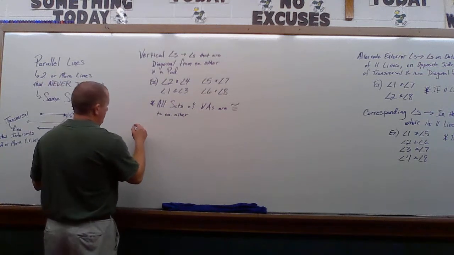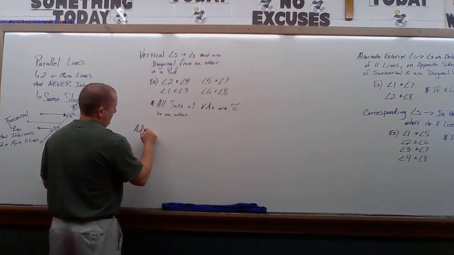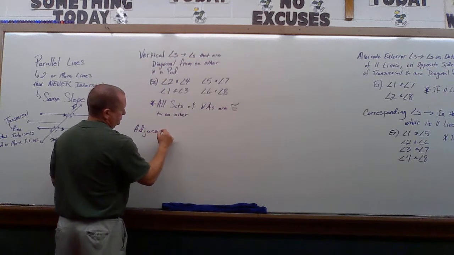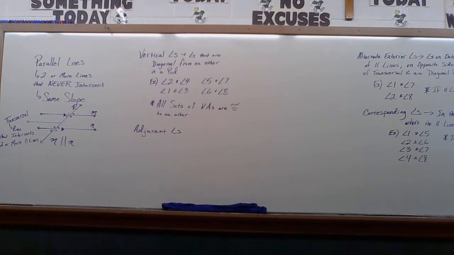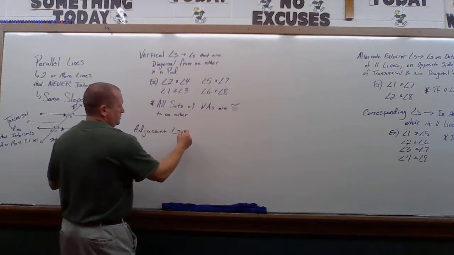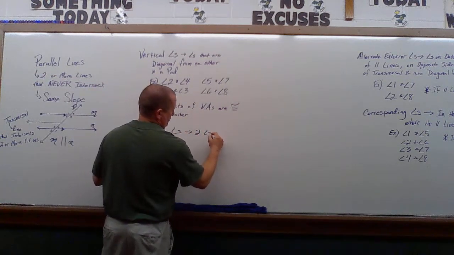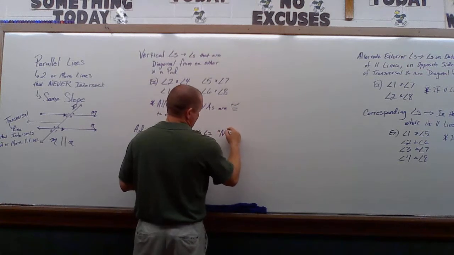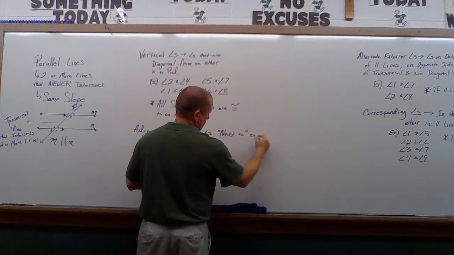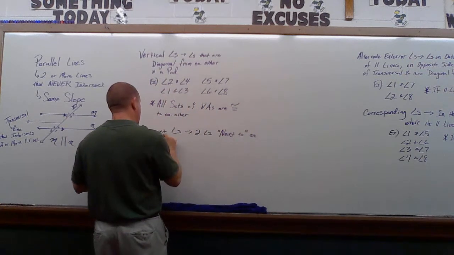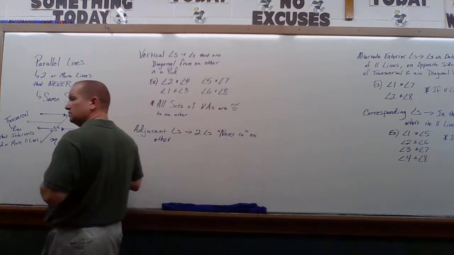So then another vocabulary word, we say adjacent angles. Adjacent, right next to each other. Two angles next to each other. Where did we have adjacent just recently?